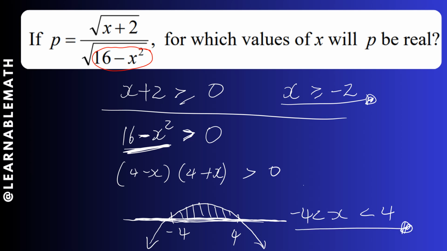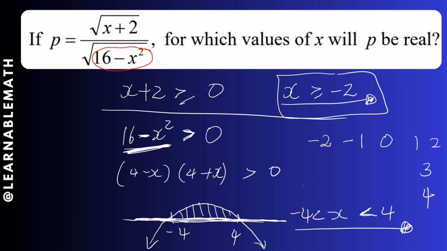But we have another restriction here, where x must be greater than or equal to minus 2. That is from minus 2 going to minus 1, 0, 1, 2, 3, 4, because it must be less than 4.